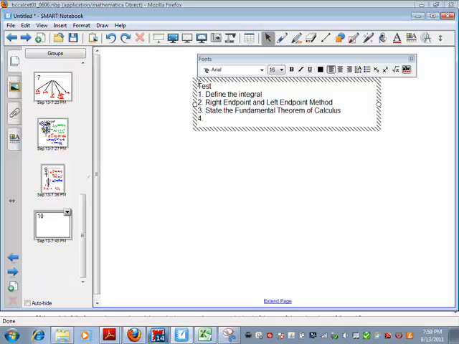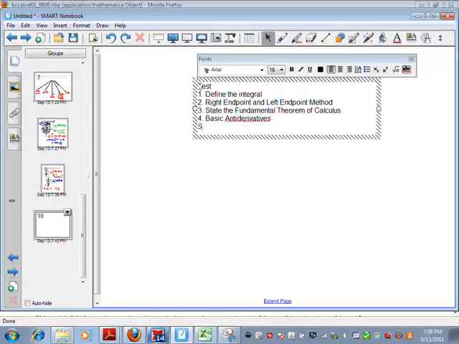Basic antiderivatives. And then, is it the chain rule? I mean, the substitution rule? Yeah.